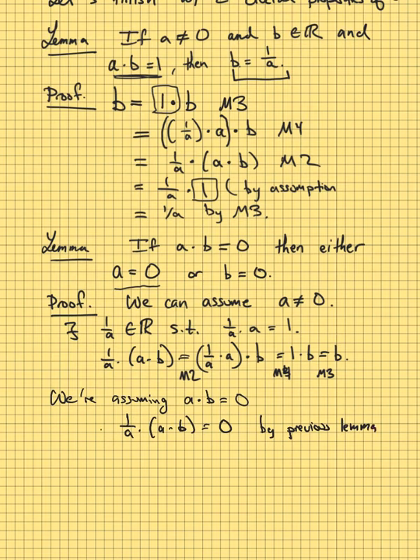But we just showed that this is equal to b. So therefore b is equal to 0. And then we're done, right? So the assumption was if a times b is equal to 0, then either a is 0 or b is 0. We assumed that this one didn't happen and proved that this one had to happen. Okay? So therefore, that lemma holds.